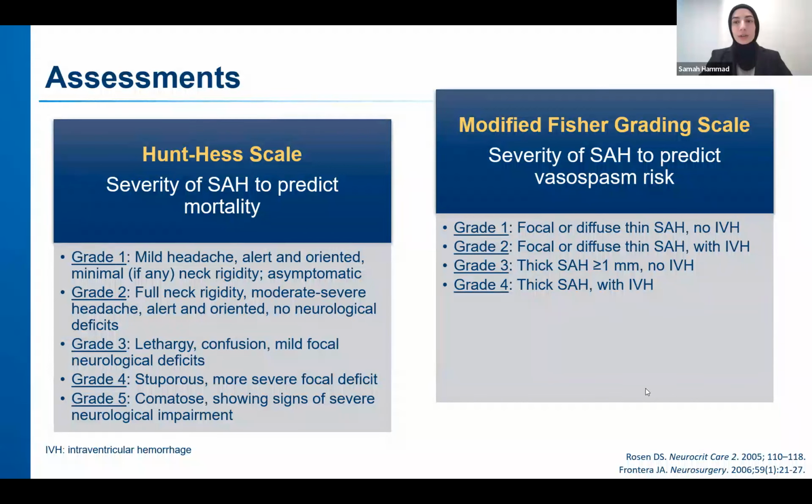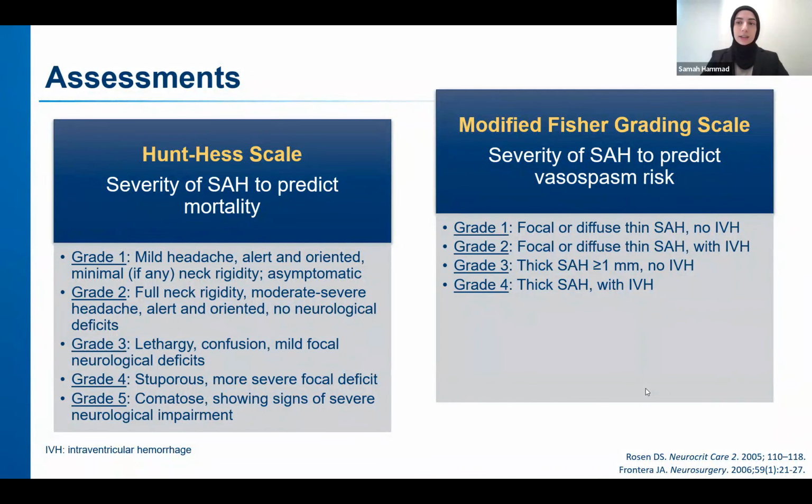It's an ordinal scale from 1 to 5, and it's based on important clinical signs and symptoms that patients present with, looking at level of consciousness and focal neurologic deficits. It ranges from grade 1, so asymptomatic or a mild headache, all the way to grade 5, which is when a patient presents as comatose. The higher the score, the higher likelihood of a poor outcome. This Hunt-Hess scale is widely known in the neuro world and is often used in the literature.